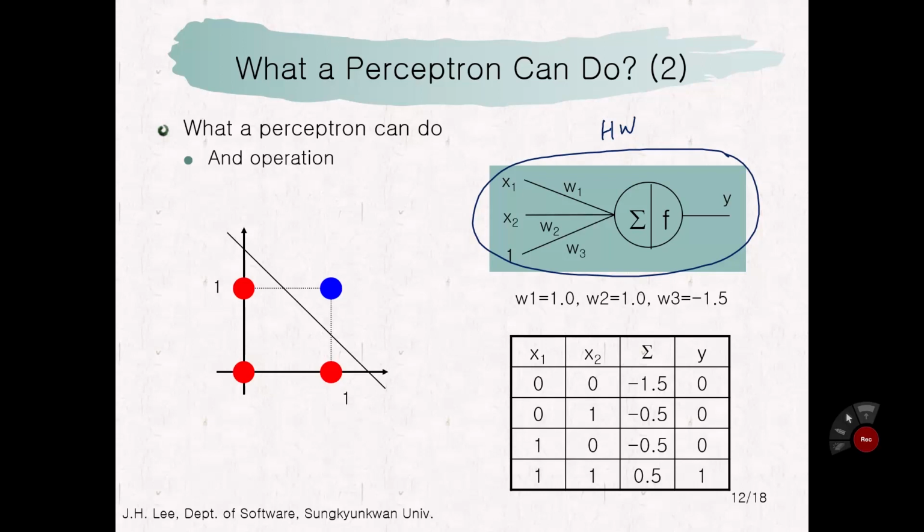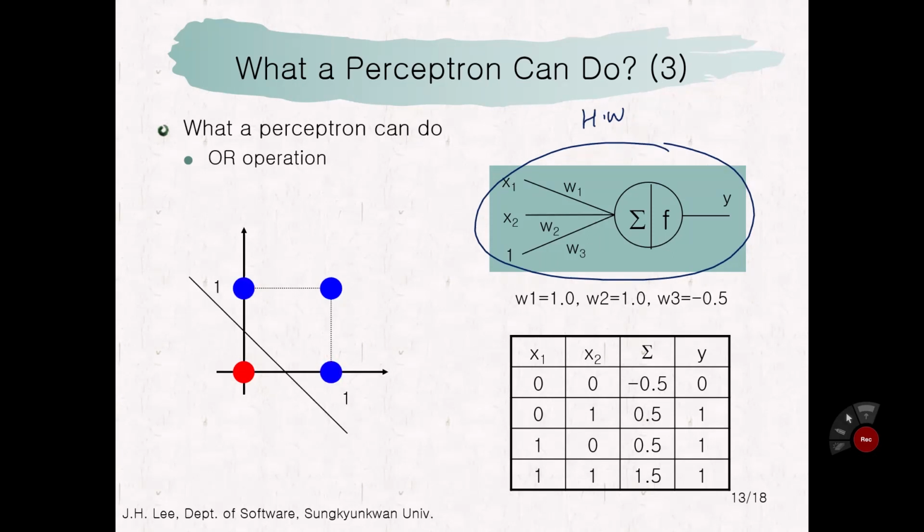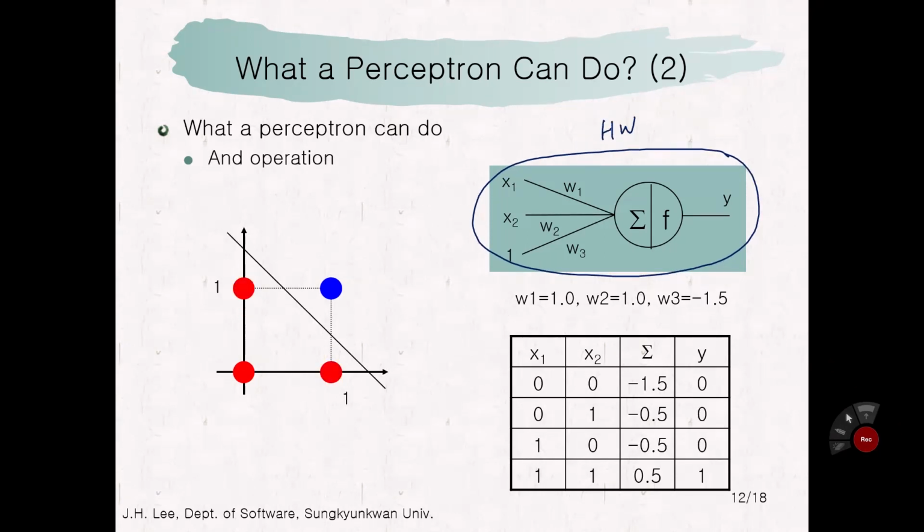Which part is different? The connection weight. This is the connection weight for the AND operation, and this is the connection weight for the OR operation. The connection weights are different, so this can be considered as software.